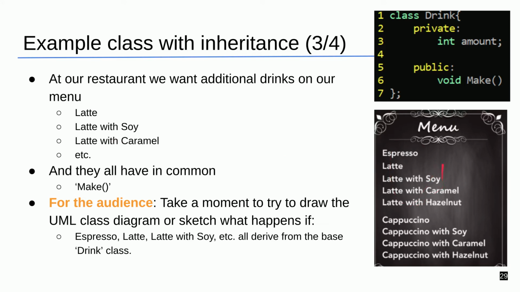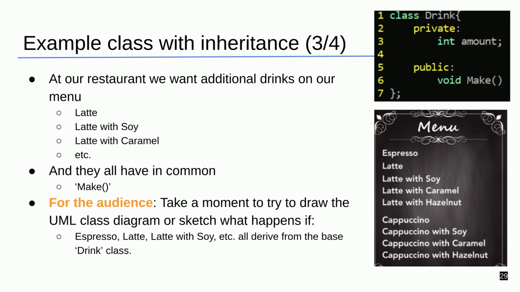They all have this function in common, make. So as a little exercise, go ahead and try to draw this UML class diagram. See if you can implement, just at a high level, what each of these classes will look like. Go ahead and pause the video and take a moment to do that.